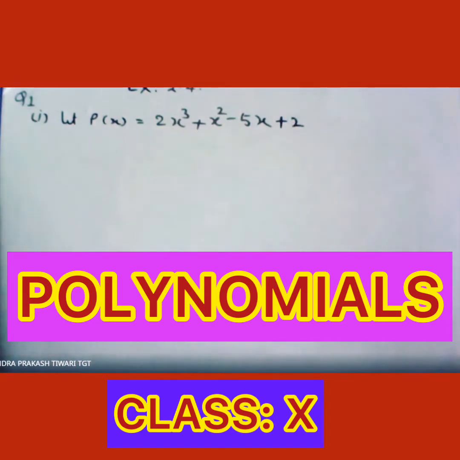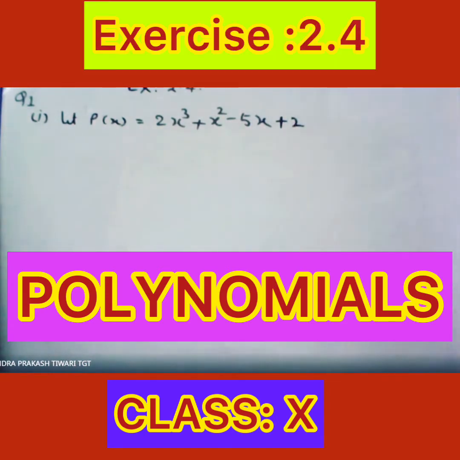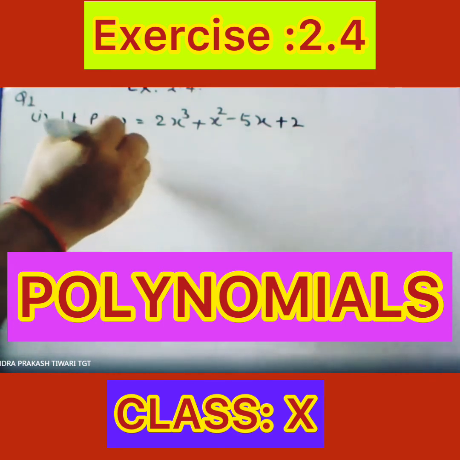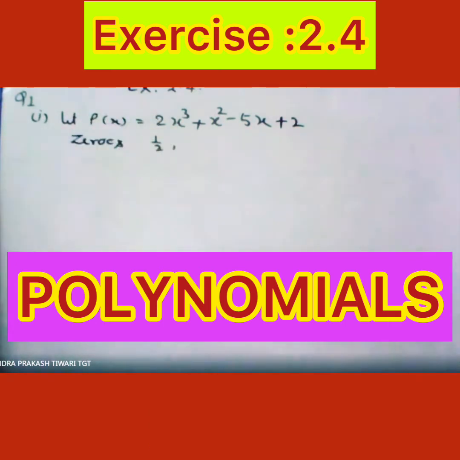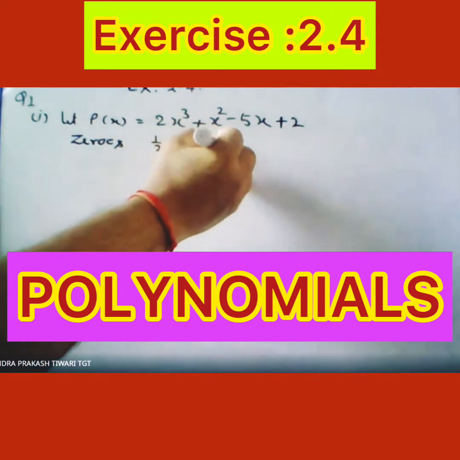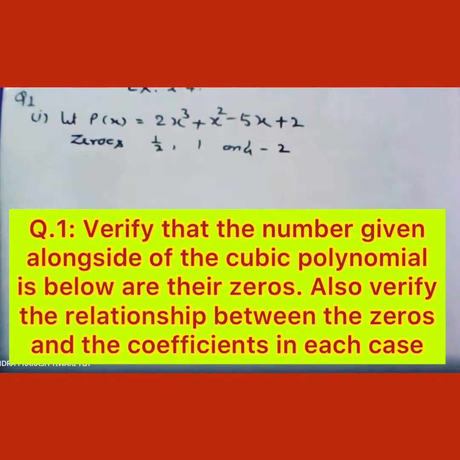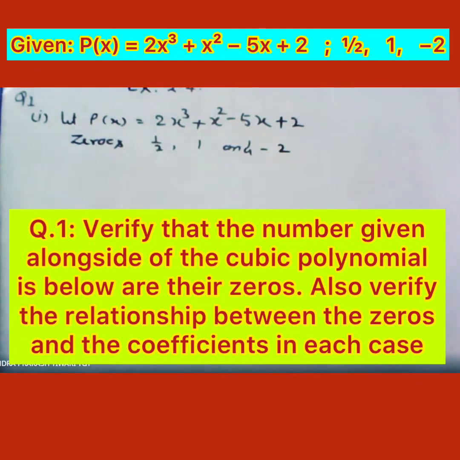Okay, and here are given some values, zeros: 1 by 2, comma 1 and minus 2. So we will verify it.